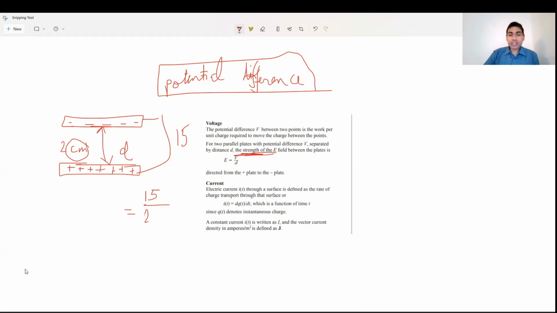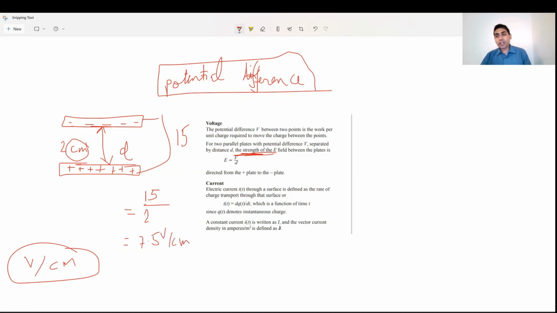It's usually in MCQ, so if your unit was in volt per centimeter, then you wouldn't have had to bother. Suppose it was in volt per centimeter in the MCQs, then you would just straightforwardly say 7.5 volt per centimeter. But unfortunately, in an MCQ, you figure out all your answers in volt per meter.